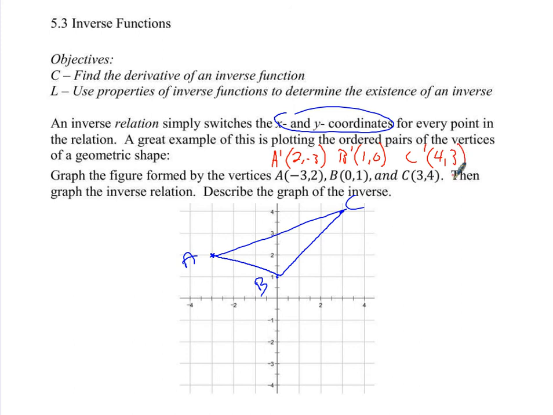Okay, so A prime is 2, -3, and then B prime is 1, 0, and then C prime is 4, 3. So there. All right, draw in my new triangle here, and what do you notice?